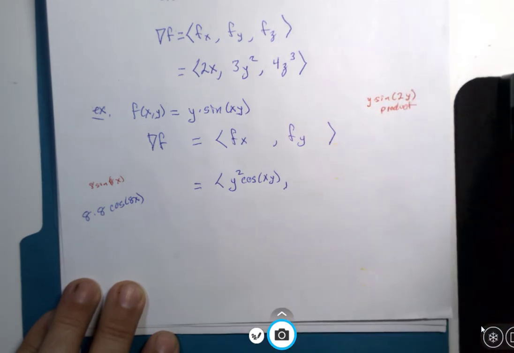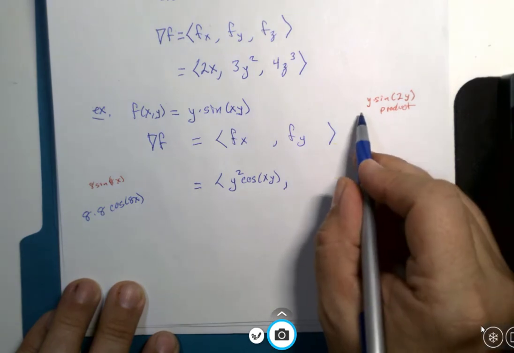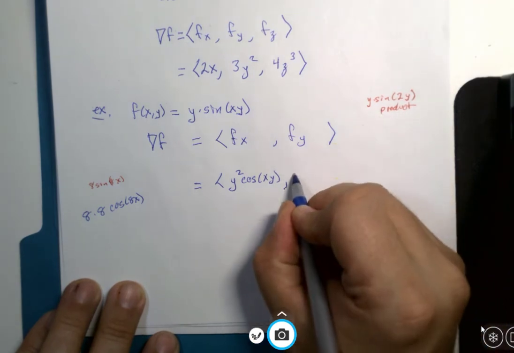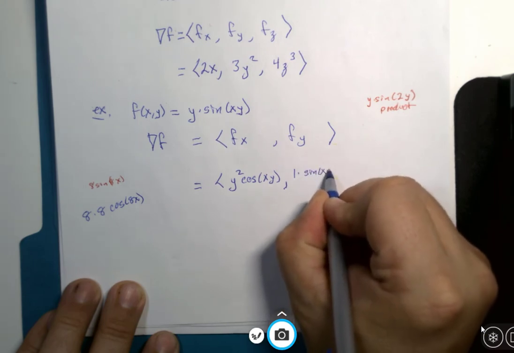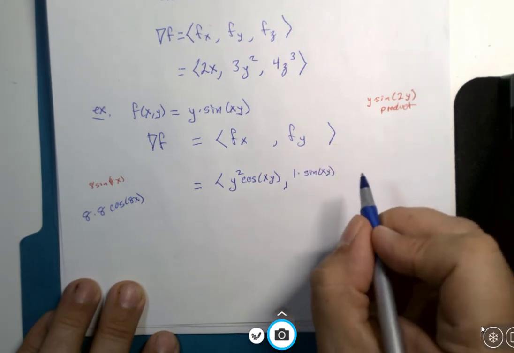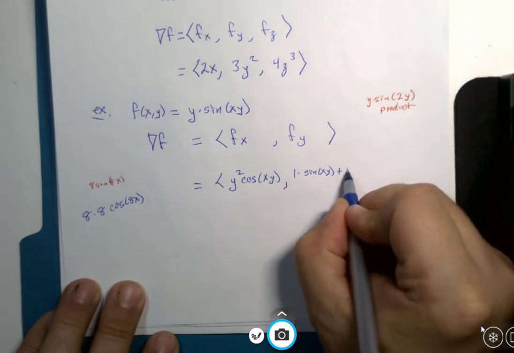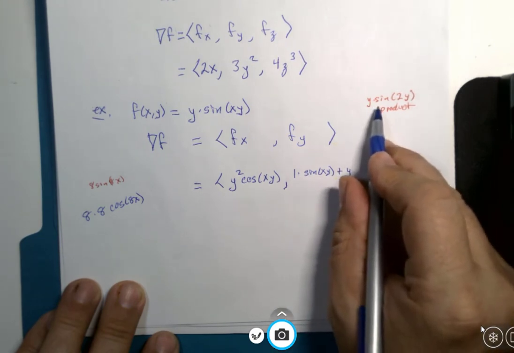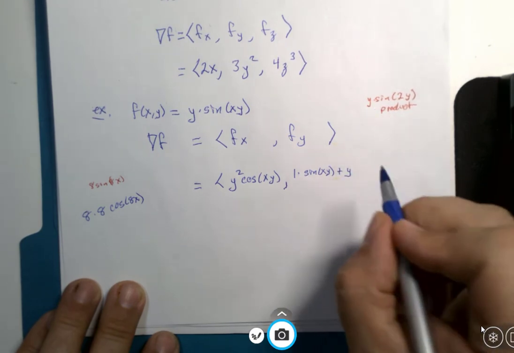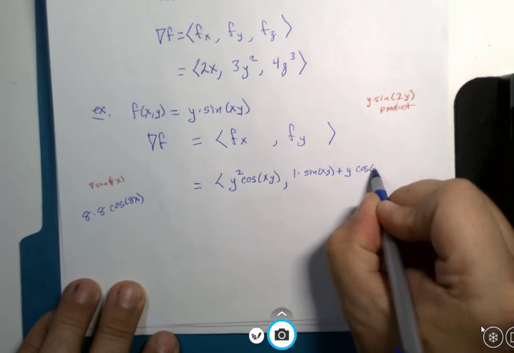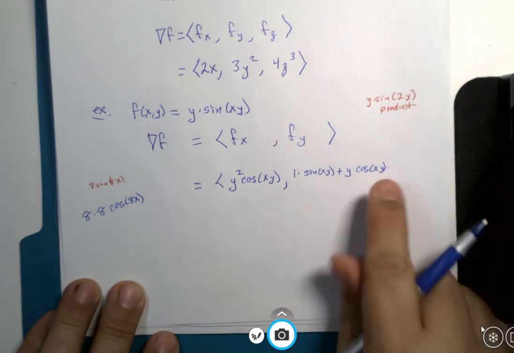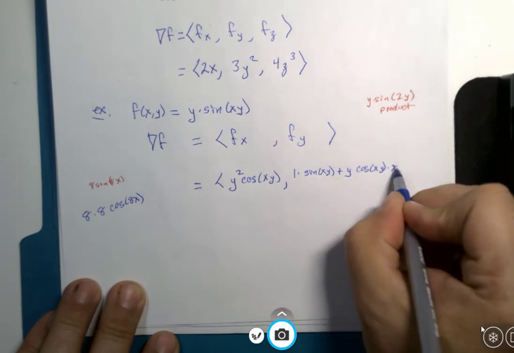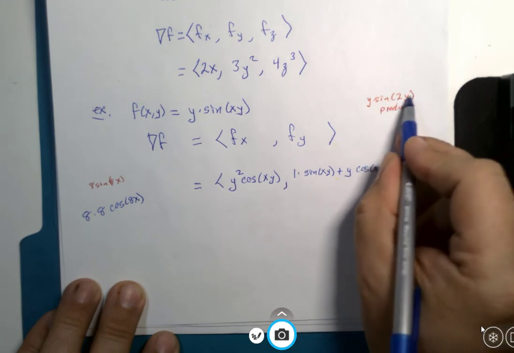I have to basically find the derivative of y, which is 1, leave sine of xy alone, plus leave y alone, and now take the derivative of sine of xy, which would be cosine of xy times, if y is the variable, derivative of y is 1. That'll leave me an x, or a 2 in this case.